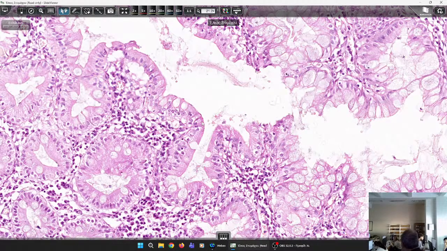So if you see the metaplastic tissue, it's good to try to define if it consists only of goblet cells, which is of the colon type, the large bowel type, or if it is mixed and is of the small intestine and the large intestine, as it's most probably the case here.